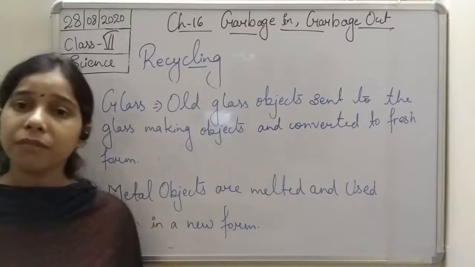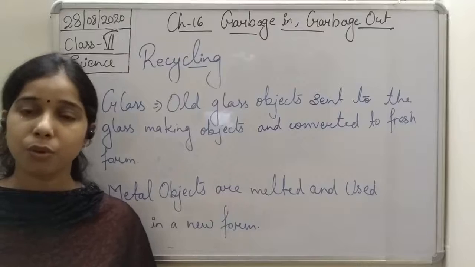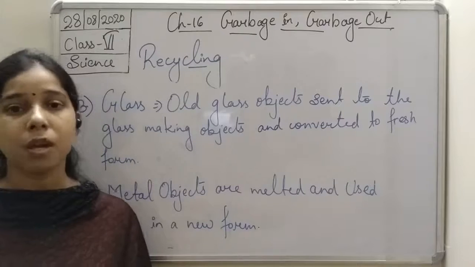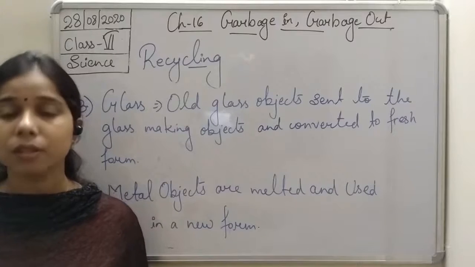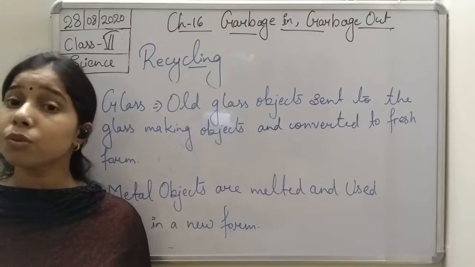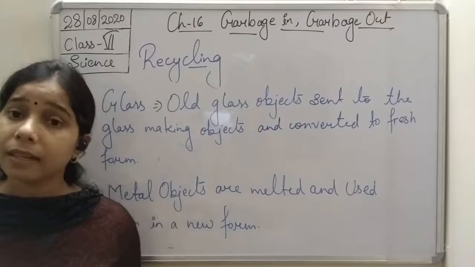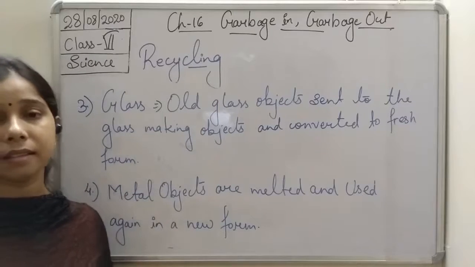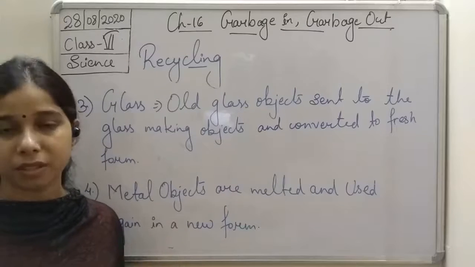Now, we ourselves cannot recycle. You have plastic at your home, glass objects, and paper also. Is it possible for you to recycle them? No. Do you send them to the factories? No. You never go directly to the factories and give them to the people there.